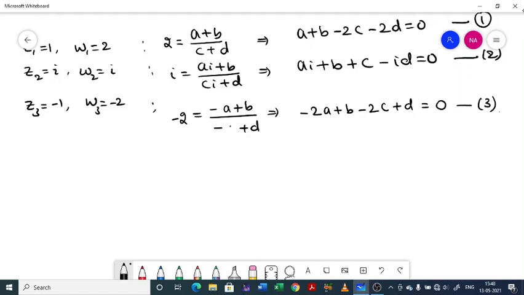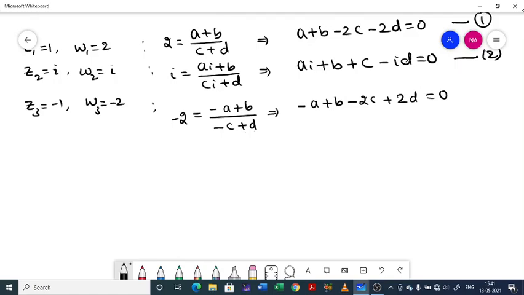This is also minus A, minus C plus D. So we have minus 2 equal to minus A plus B divided by minus C plus D. So cross multiplying, it will be minus A plus B equals minus 2C plus 2D. Taking to this side, minus A plus B plus 2C minus 2D equal to 0.